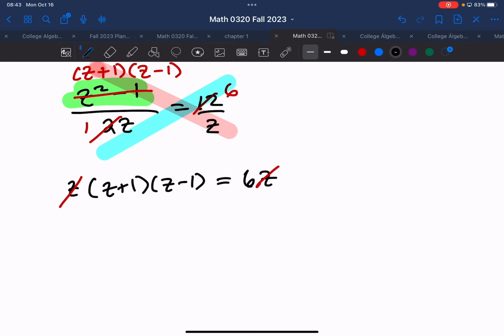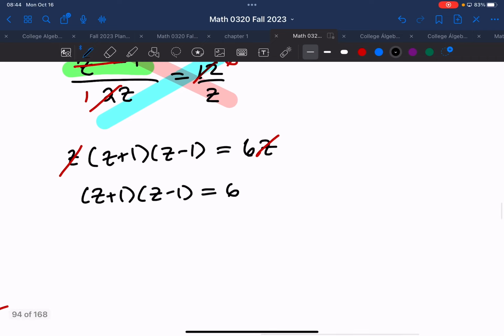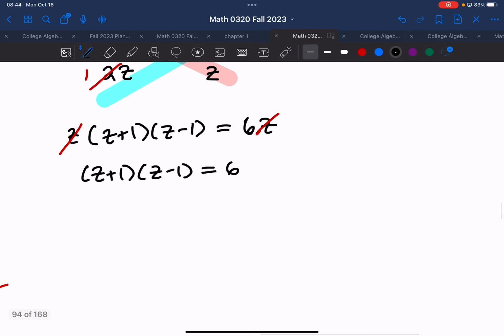So that means I am left with z plus 1, z minus 1 is equal to 6. What type of equation does this look like? It's no longer rational. It's not linear. Quadratic. That's the only other one we learned about, quadratic.